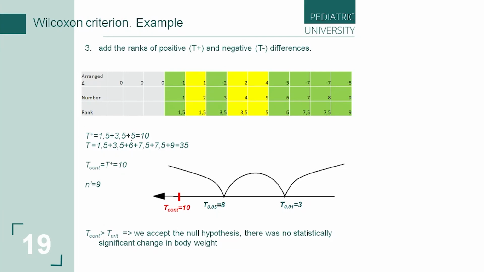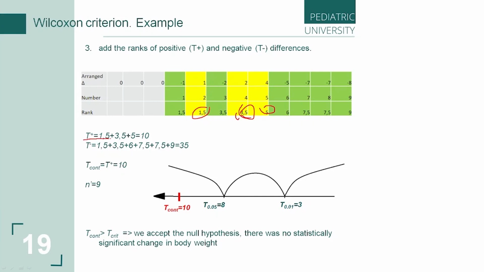Let's add up the ranks of positive values and the ranks of negative values. Let's start from positive, the yellow color. The ranks are 1.5, 3.5, and 5.